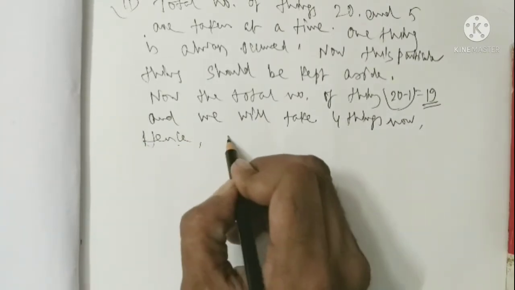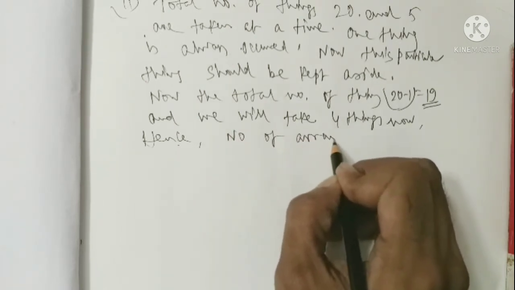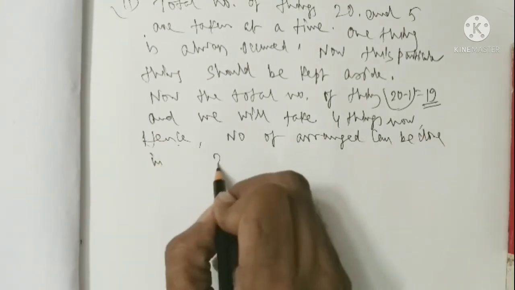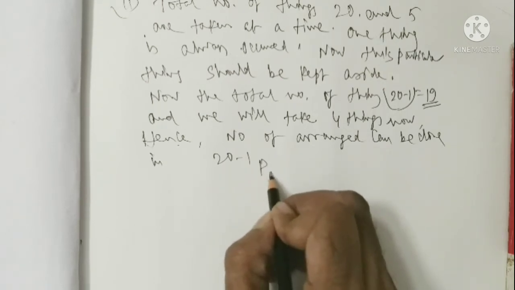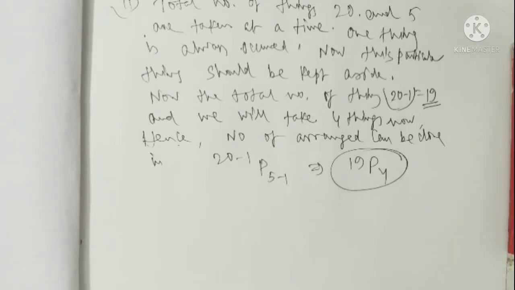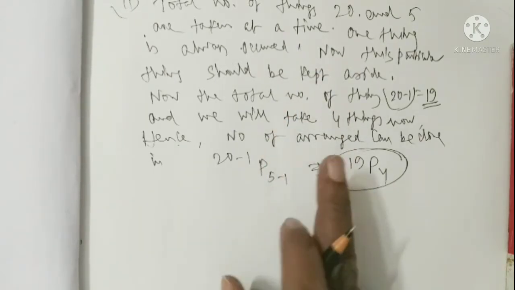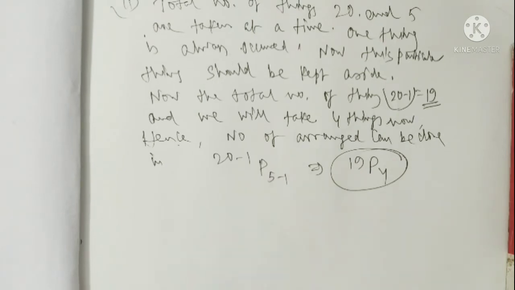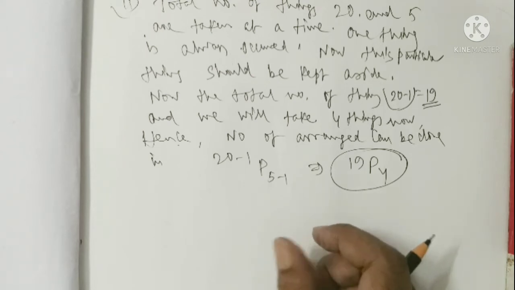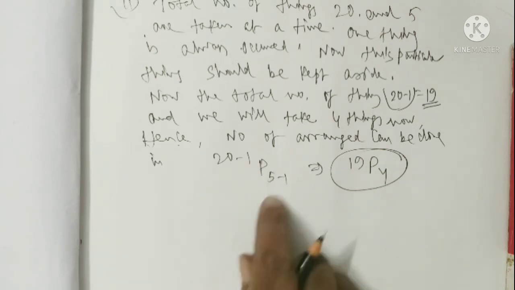Hence the number of arrangements can be done in 20 minus 1 P5 minus 1, that is 19 P4. But this is incomplete. Why? 5 things we are taking and 1 thing will always occur. Therefore, these 5 things change themselves in positions, in product form.